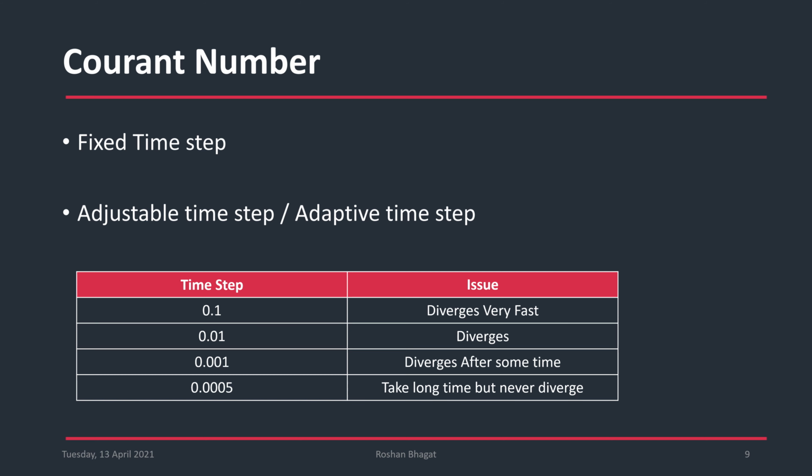Now if you select 0.0005, it will take a very long time and the computational time will be more, but it will not diverge. So velocity will not diverge if you select a smaller time step like 0.0005. This is how the time step has to be selected whenever we want to run the iterations.